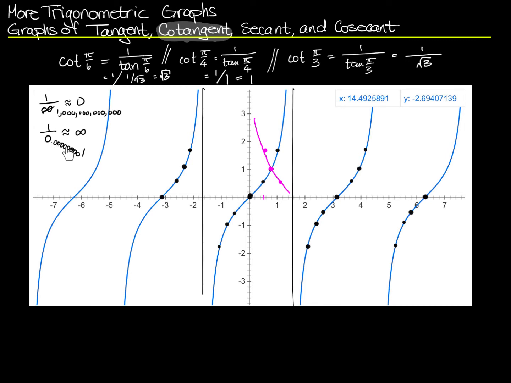So the smaller this number gets, the bigger the whole fraction gets. So if this is 1 over 0, or approaching 1 over 0, we can say that that's approximately infinity. Now, infinity is not a number, it's an idea. So this is really not good mathematics, but I'm hoping it'll be enough for you to understand what's going to happen in the next part of this video.